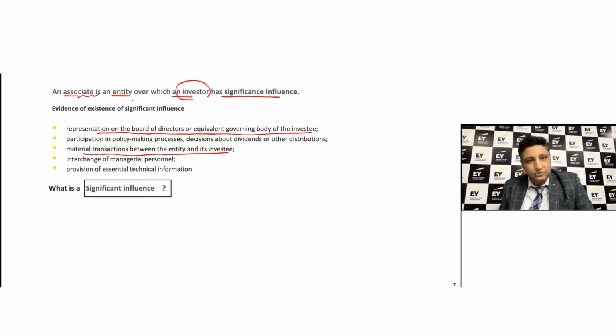You are able to share your views, and the presence can be impactful. That's where you look at the representation on the board of directors or an equivalent governing body. Likewise, are you really involved in policy-making decisions? Is there active participation from you?